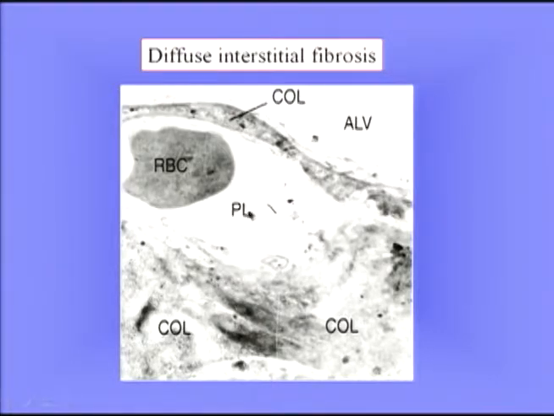But here you can see quite clearly the capillary, red blood cell, the plasma, alveolar space here, and you can see that the collagen is laid down, first of all on the thick side here, where it definitely ought not to be, because clearly that's going to interfere with the diffusion of gases through the blood-gas barrier, and on the other side of the capillary as well.